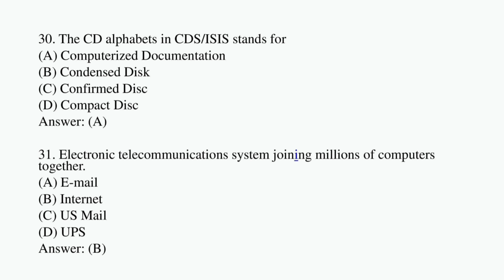Question number 30. The CD alphabets in CDS ISIS stands for dash. A. Computerized documentation, B. Condensed disk, C. Confirmed disk, D. Compact disk. Answer is A, Computerized documentation. Question number 31. Electronic telecommunication system joining millions of computers together is dash.